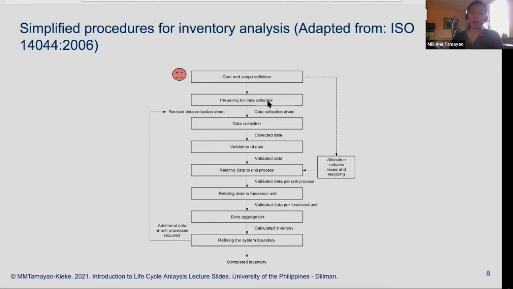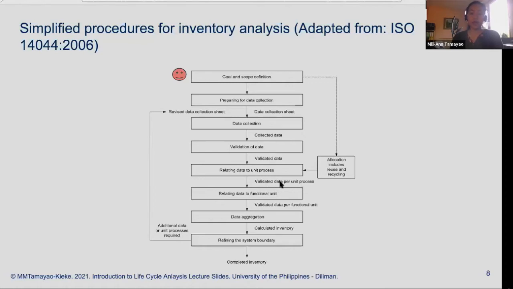And one of the outputs for preparing for data collection is a data collection sheet. Okay, and then proceed to data collection. Output is, of course, a collected data, but you have to validate the data. Okay, and when you have the validated data, you can proceed to relating the data to the unit processes. And after that, you have to validate the data per unit process.